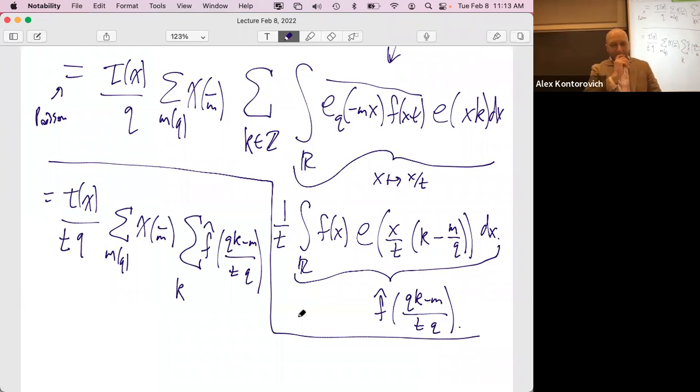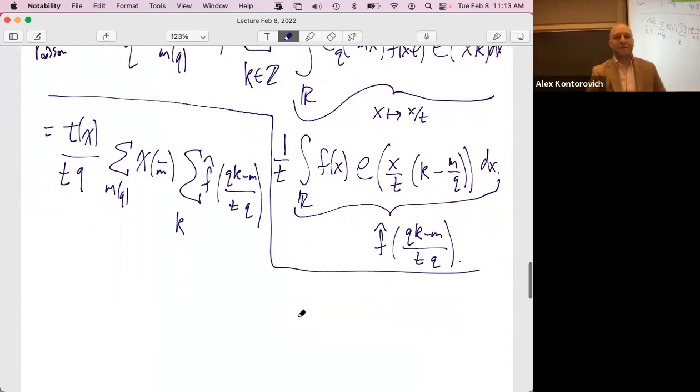Then there's one final observation, which is that we can group these two together as well. Q is the conductor of chi. Q is fixed. Chi is a primitive character because we used the inversion formula. And m is mod q.